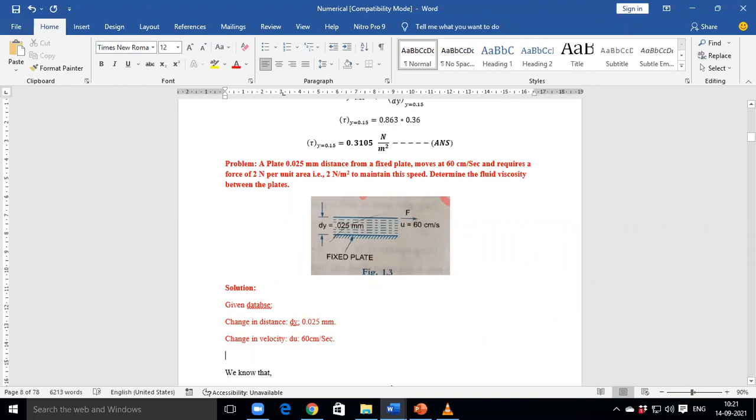And force is given: 2 Newton per meter square.